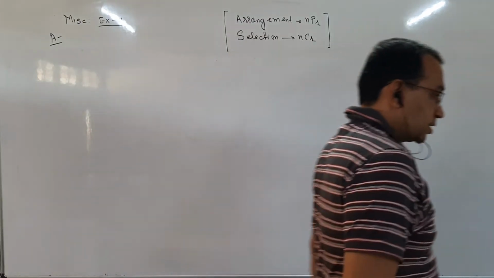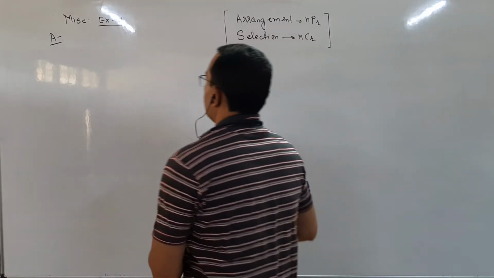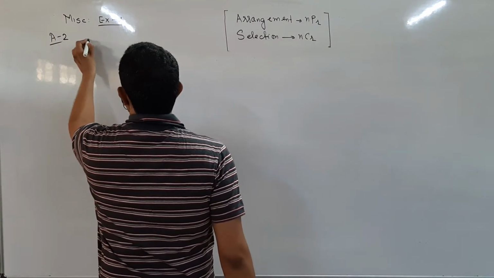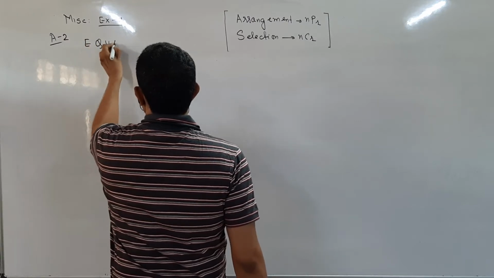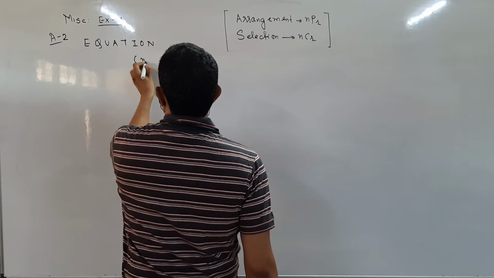Yes, students, sum number 2 goes this way. How many words, with or without meaning, can be formed using all the letters of the word EQUATION at a time so that vowels and consonants occur together? This is also interesting. The word EQUATION has how many letters? Count: 8.